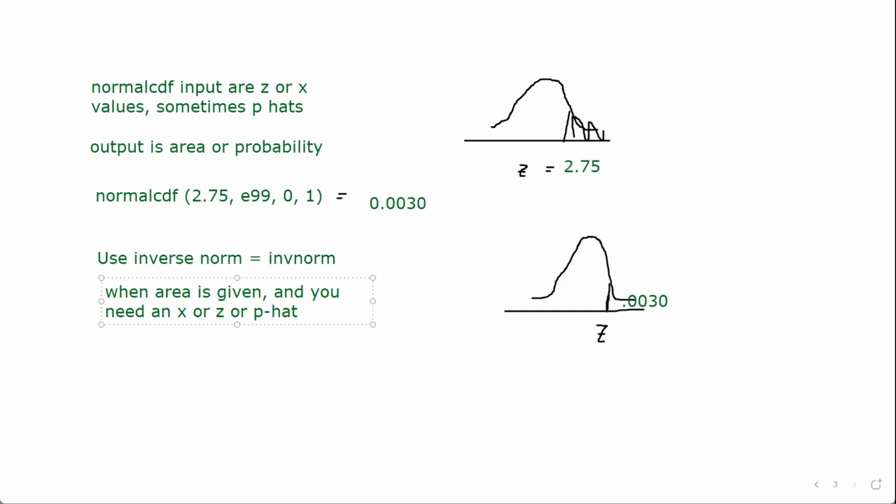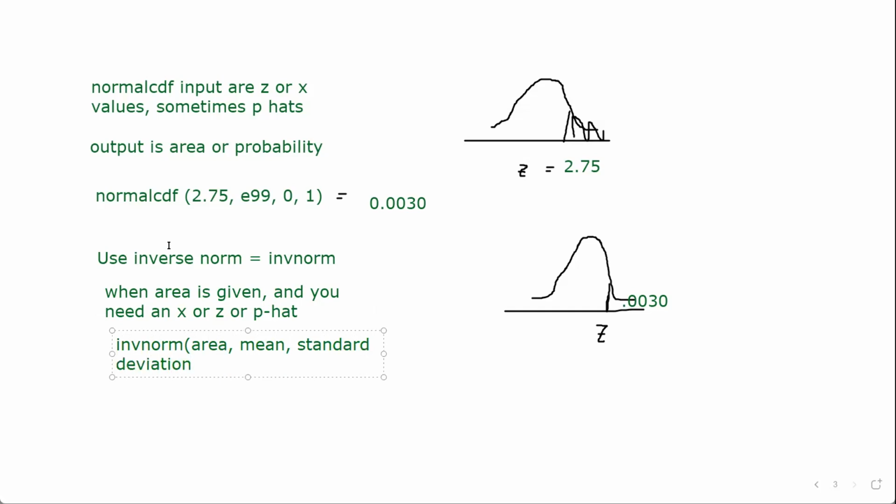Now, why did I say looking at the inputs would help you? Because if you look at inverse norm, look at what you have. If you go to the calculator, and we will in just a minute, you'll see it's going to ask you for area, the mean, and the standard deviation, just like before.